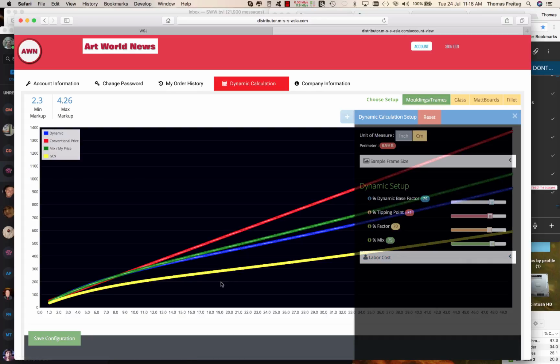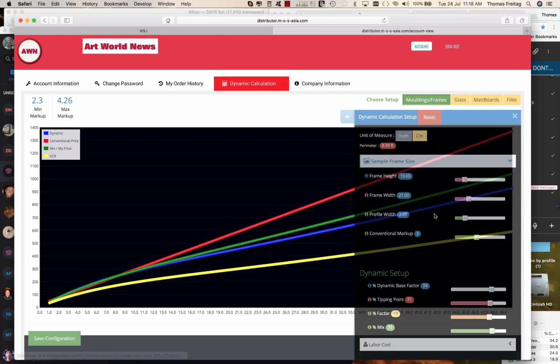And this diagram, remember, shows you the retail price depending on the price of the shop service of the molding for your sample frame, a 19 by 27 with a 2-inch molding, including dynamic labor cost.